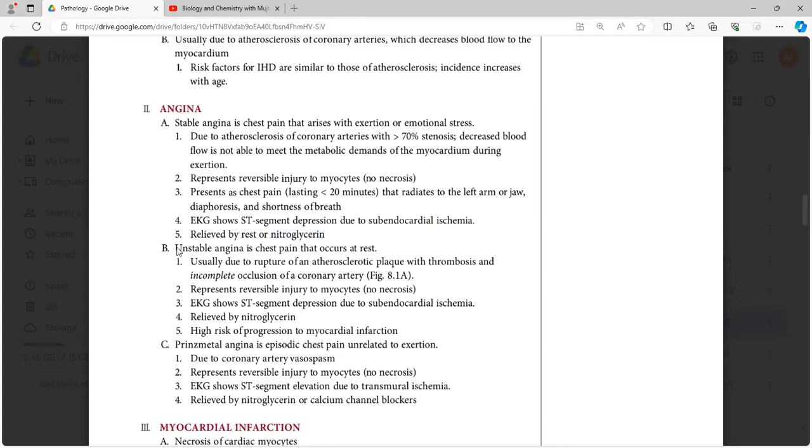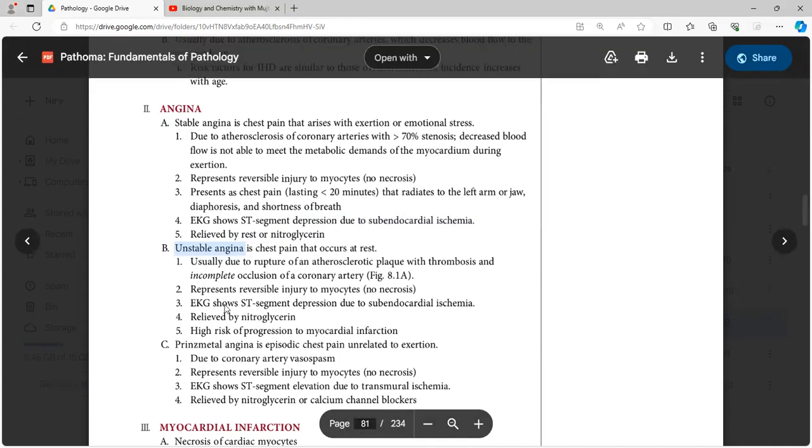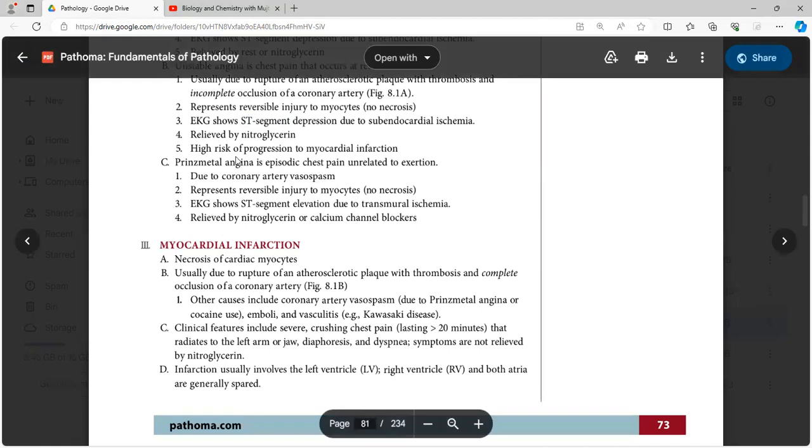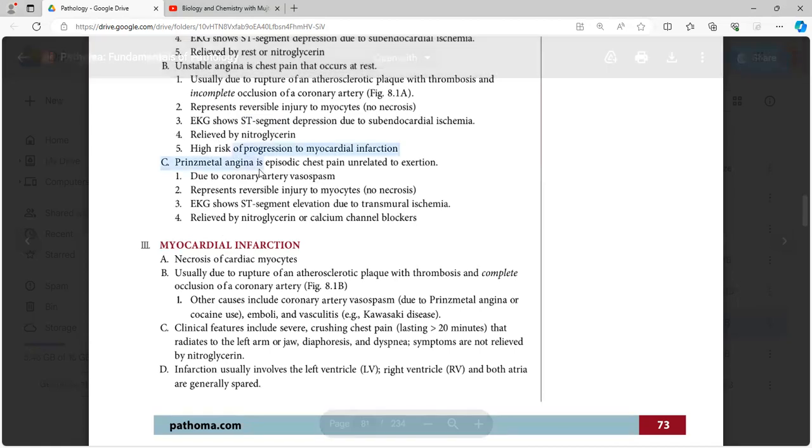Now, the other type is unstable angina. Unstable angina can happen anytime. It is due to the rupture of a plaque, which leads to thrombosis and incomplete occlusion. Similar to stable angina, it also shows ST segment depression and is relieved by nitroglycerin. Lastly, Prinzmetal angina is due to coronary artery vasospasm.